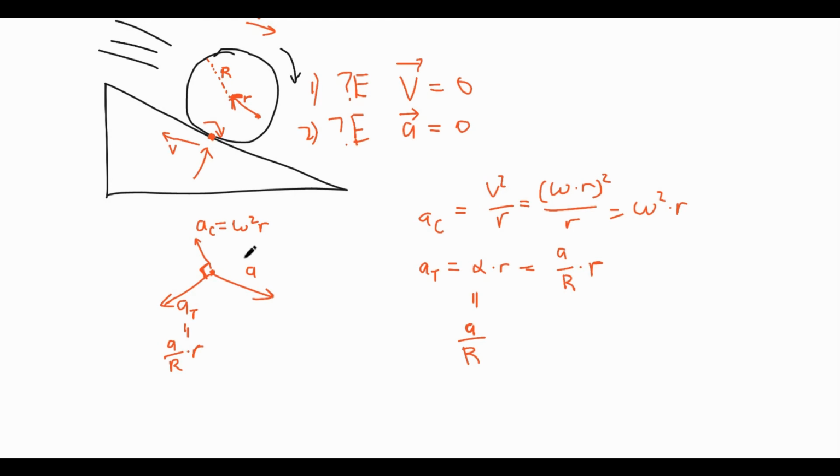So something we notice here is that both the centripetal acceleration and the tangential acceleration are linear with respect to r. That means that if we take r to be 0, they're both going to be 0, and if we take r to be big R, then we get the full values.